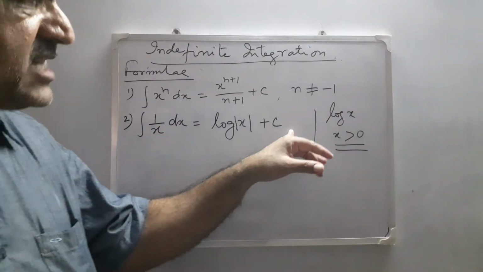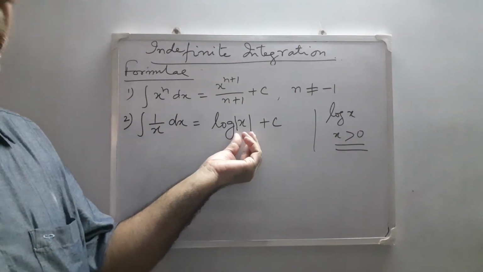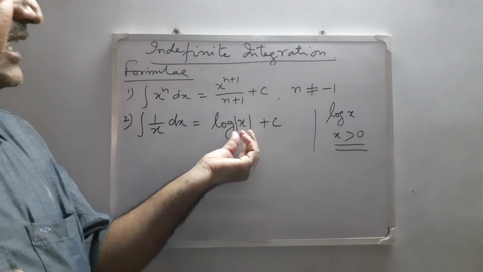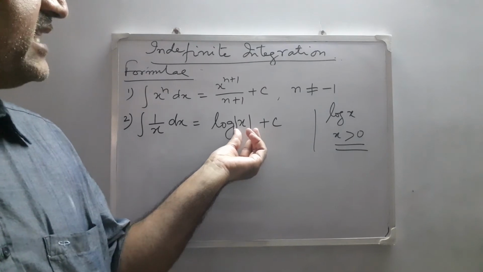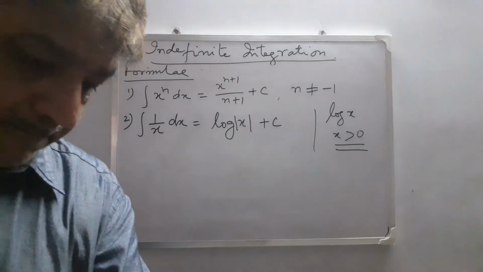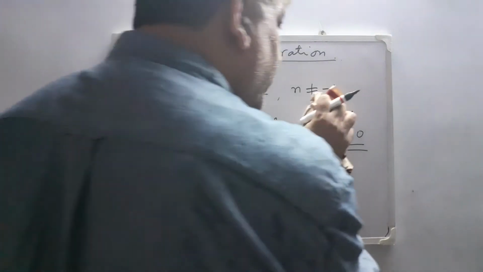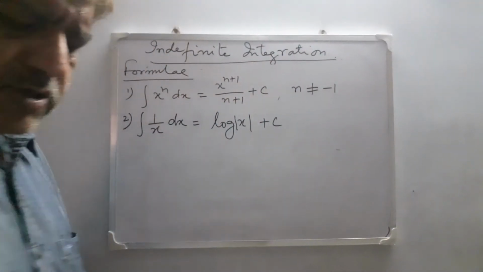So if nothing is mentioned, and you put the modulus sign, this means we are taking whatever quantity is there as positive. But if you write simply log x, that can also be correct.